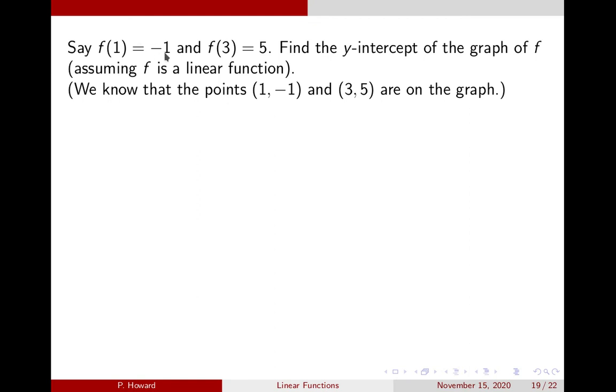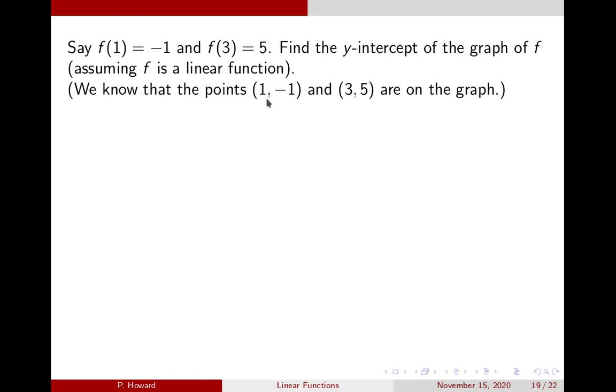So f of 1 equals minus 1 tells us that the height of the graph above 1 is minus 1. In other words, the graph is 1 unit down from the x-axis. f of 3 equals 5 tells us that the height of the graph above 3 on the x-axis is 5.